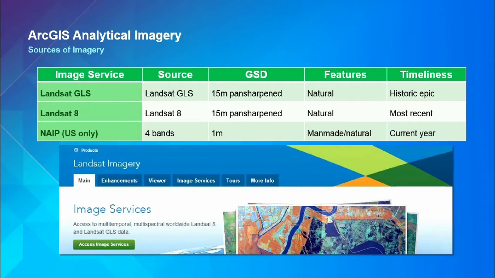They're complementary. First one is Landsat Global Land Survey. Now this is a collection of epoch data beginning at the earliest images of Landsat, so they go back roughly to 1975, then 1980, then 1990, 2000, 2005, and 2010.